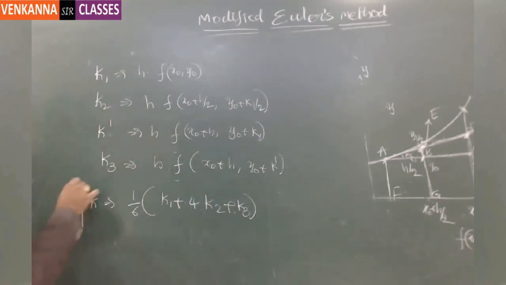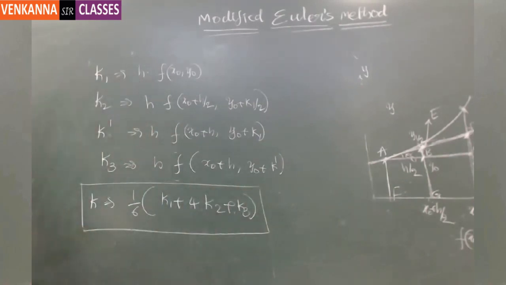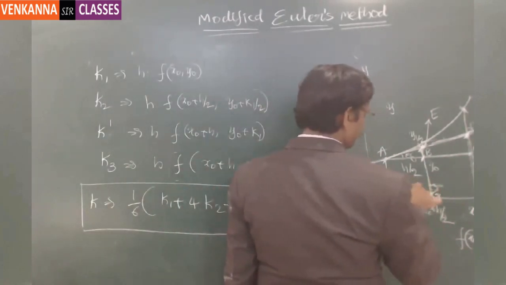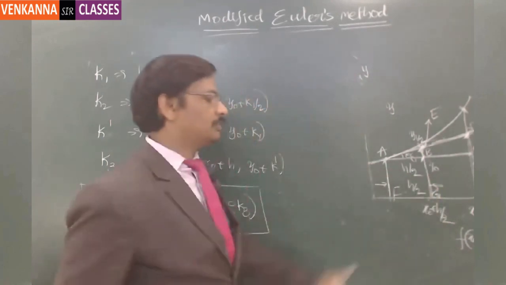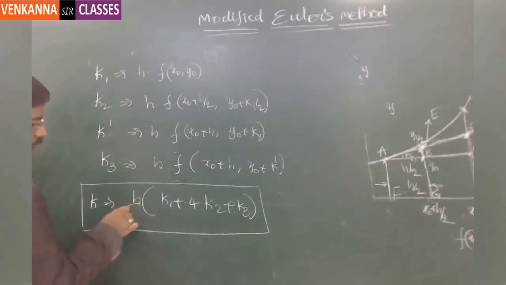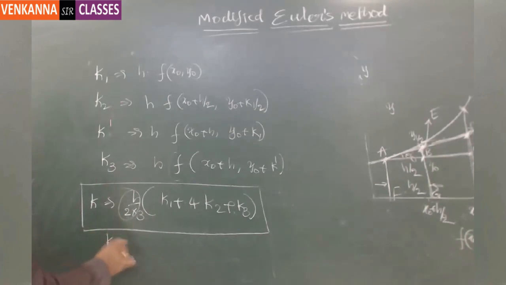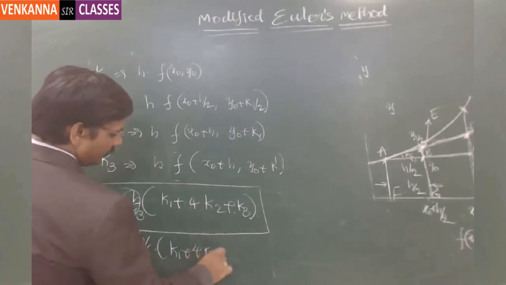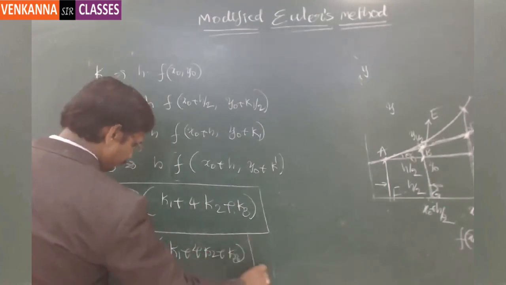So this is the Simpson's one-third rule to calculate the increment value of k. Here, ideally we should be getting 1 by 3, but the reason we are getting 1 by 6 is that this length is h by 2. Since this is h by 2 in the interval, ideally this has to be h by 2 times 3. So this was the h for us. So k is finally h by 6 times k1 plus 4k2 plus k3. So this is the rule.